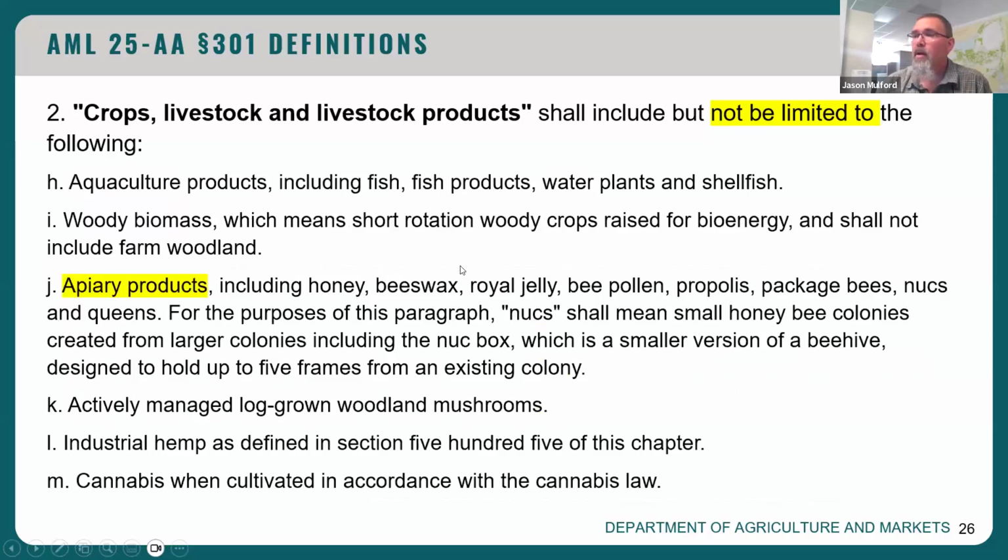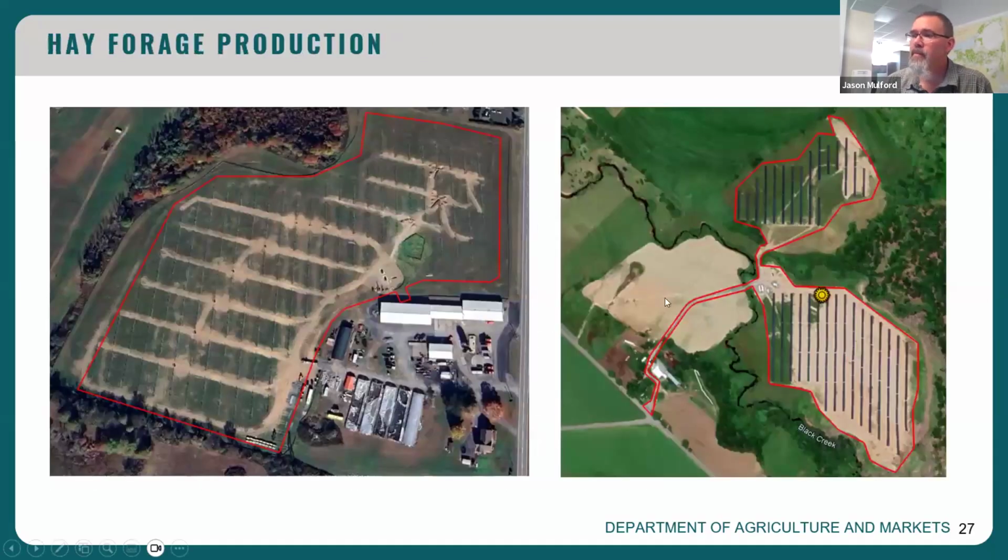Apiary products, we feel apiary is already a co-use. You can have an agricultural crop with apiary, so we're not biased against bees, but we can have a forage crop with clover in it. You can have all kinds of crops that bees would be attracted to. So that has a limited aspect to agrivoltaics.